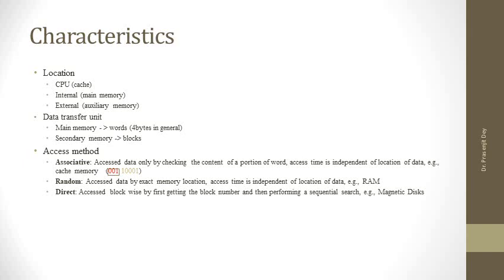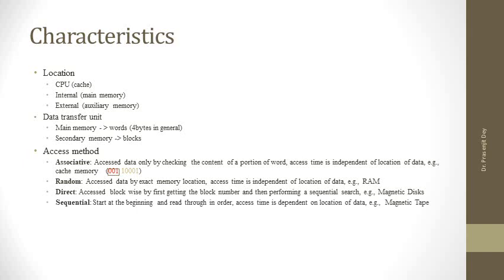Magnetic disk is an example where we use direct access method. So here firstly with the help of a block number we get into the block where the data resides, and after getting into the block we perform a sequential search to get into the exact location where the data resides.